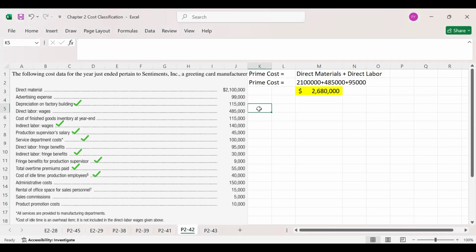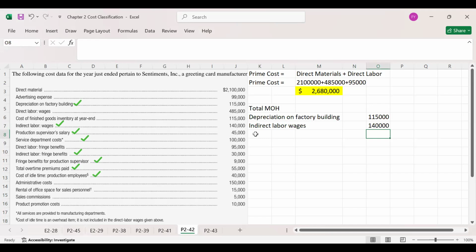So the next requirement is to calculate total manufacturing overhead, which is also known as factory overhead. So we have depreciation on factory building, which is 115,000. Then we have indirect labor wages, which is 140.